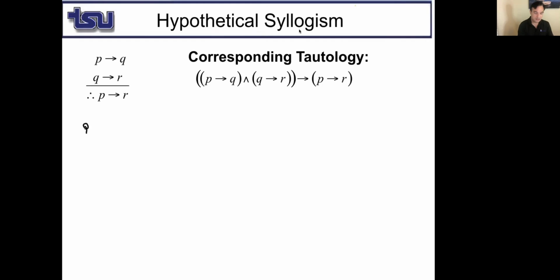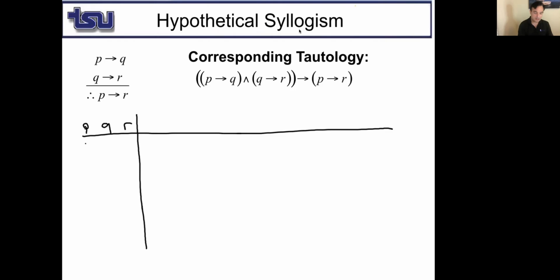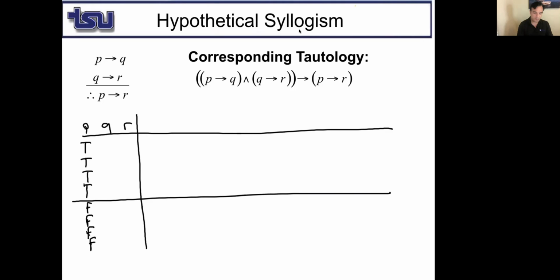P, Q, R, okay? Just as practice, true, true, true, true, then false. And then true, true, true, false, true, true, false, false.